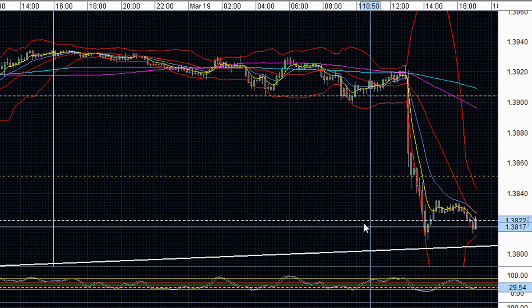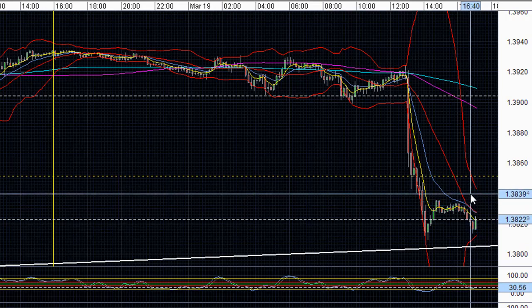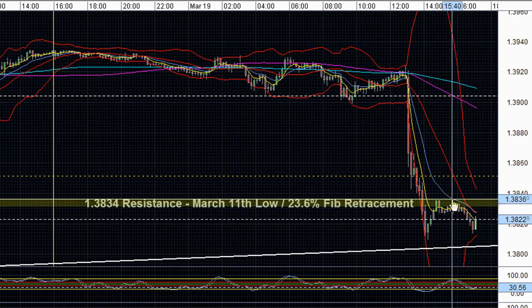So let's say there is a correction. Let's say it does decide to break higher and break to the upside. Then our next approaching area of resistance could be this 38.34 level, which is actually our March 11th low.